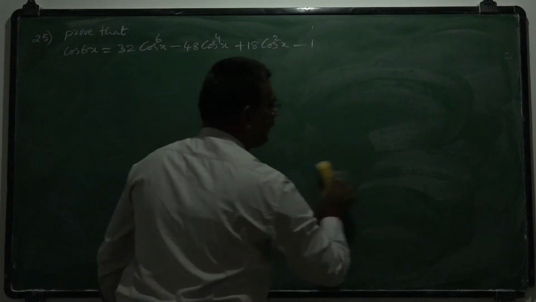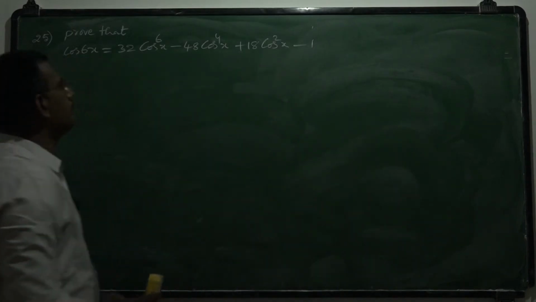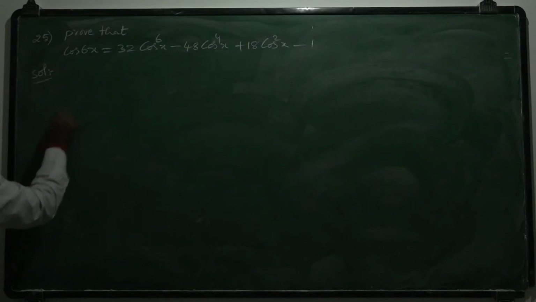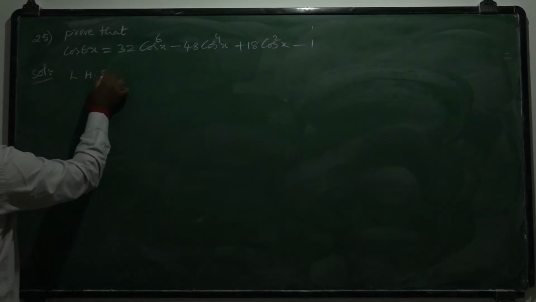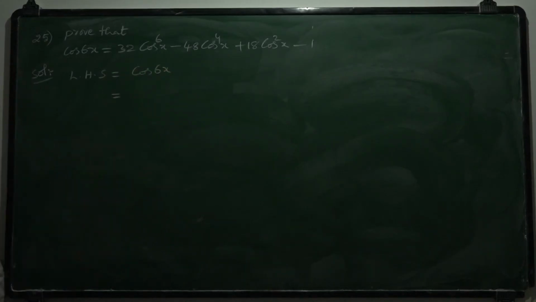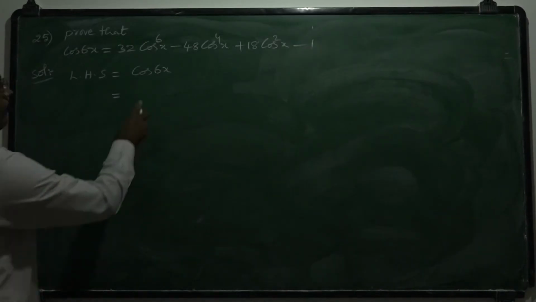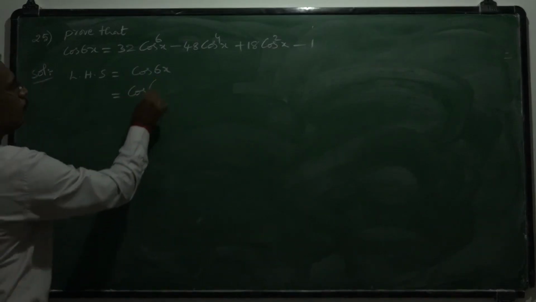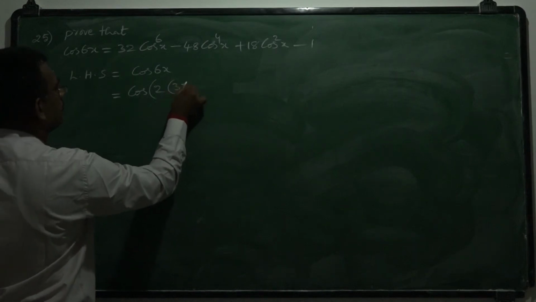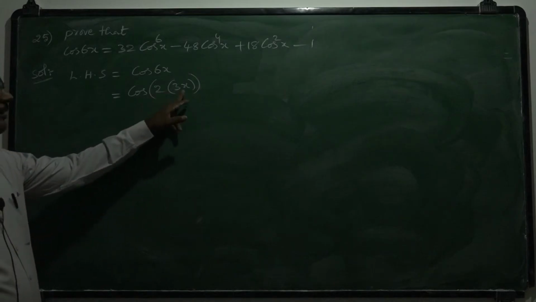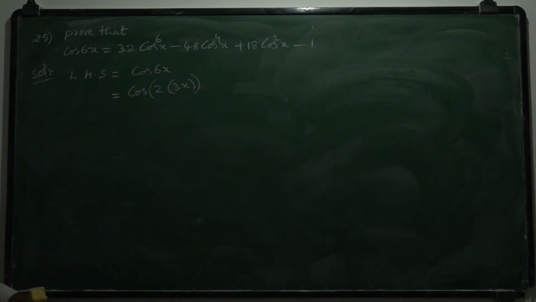So first take LHS. Solution. LHS is equal to cos 6x. Okay, so I am going to write 6x as 2 into 3x. 2 into 3x will be equal to 6x.